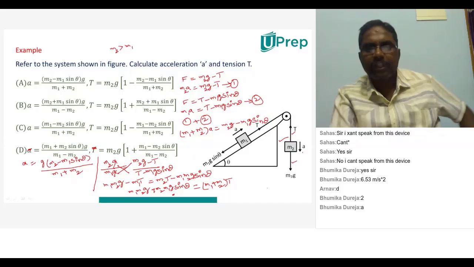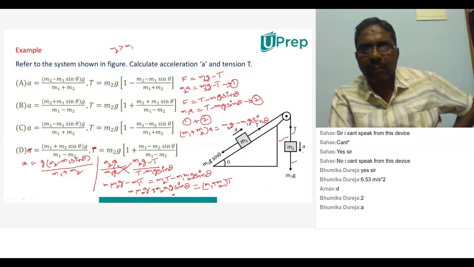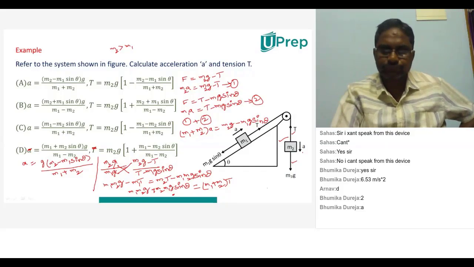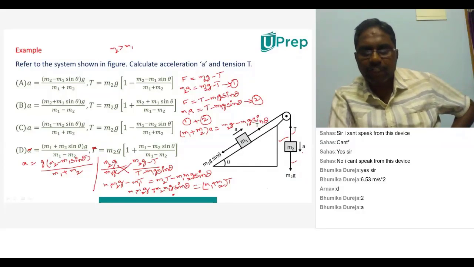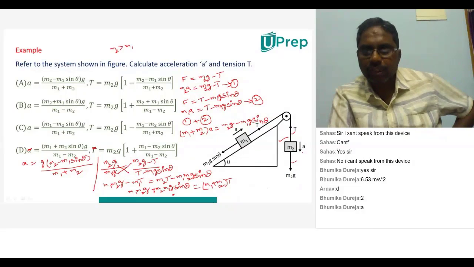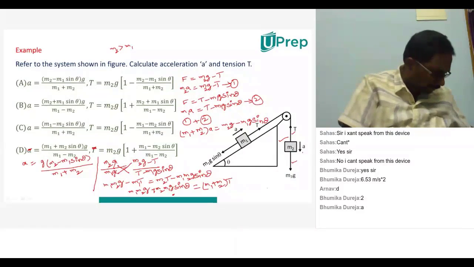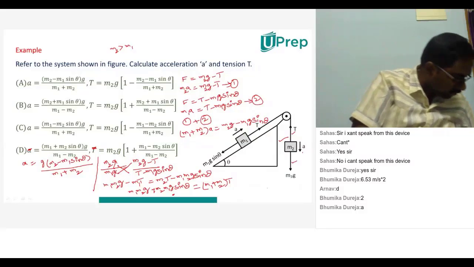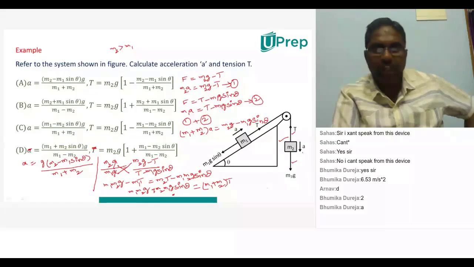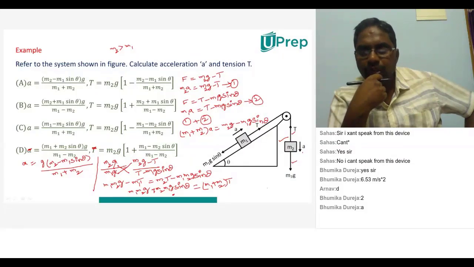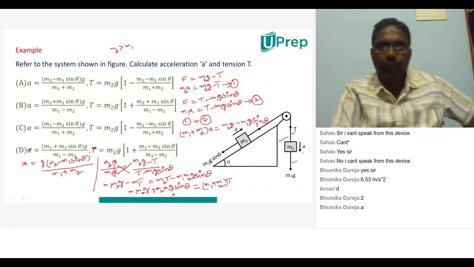Now which is the right option there? m2g common they wrote, and if you take m2g common, m1 plus m2 sin theta by m1 plus m2. Now cross multiply and tell me, Arnav, whether you are doing it or not. Arnav and Bhumika, Sahas, whether you are doing it or not. Arnav, are you there? Arnav, once you speak.